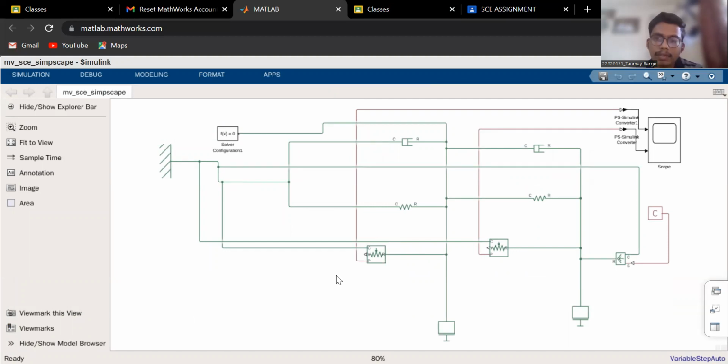As we can see, here is a fixed reference point. Here is a solver configuration and a motion sensor. As we are going to use two masses, there are two masses, two springs and two dampers. Using this, we are going to run our software.